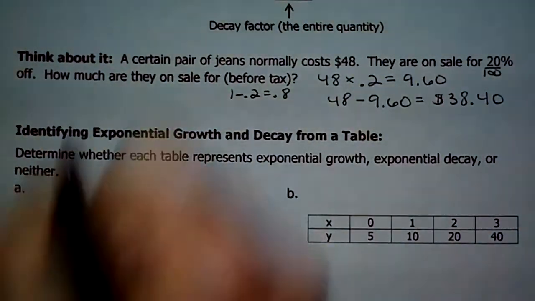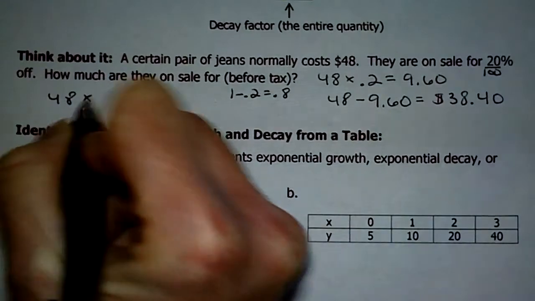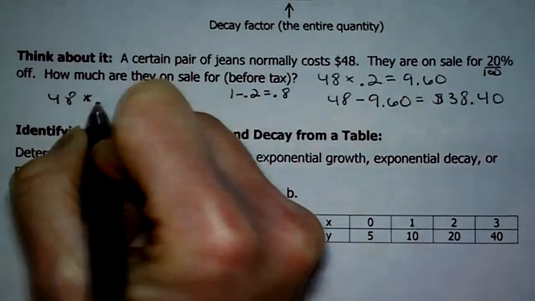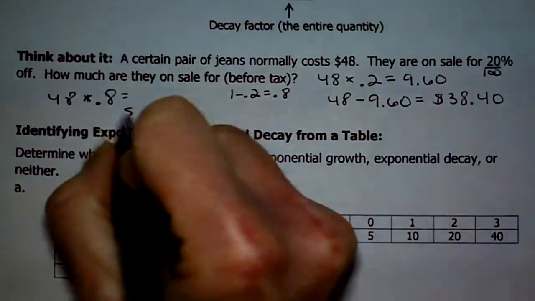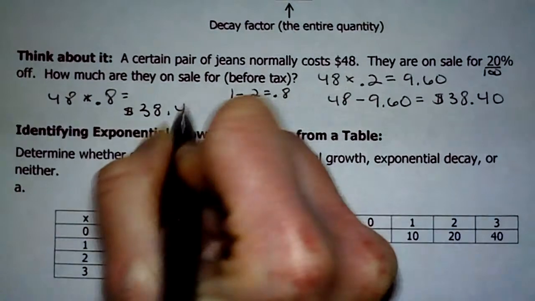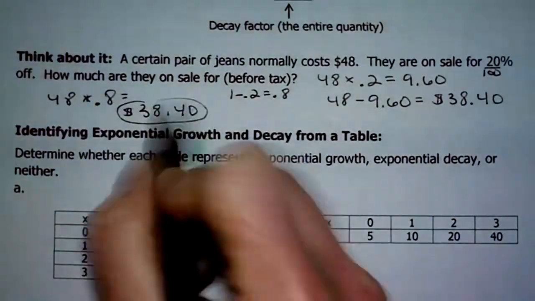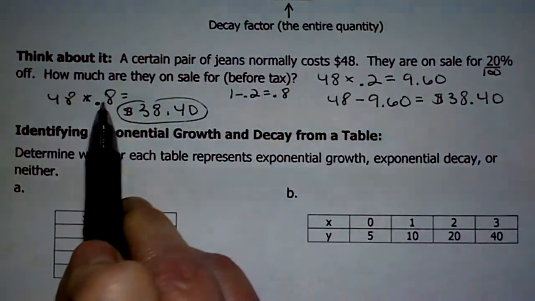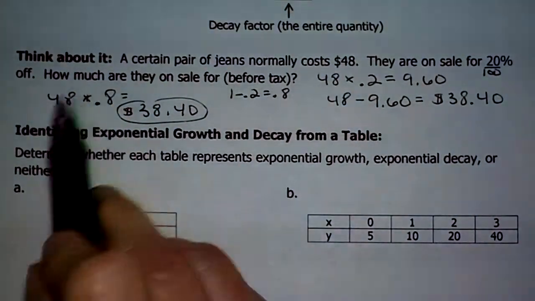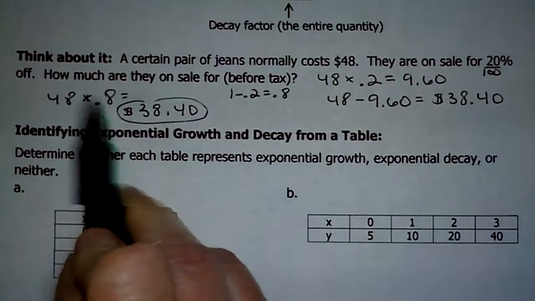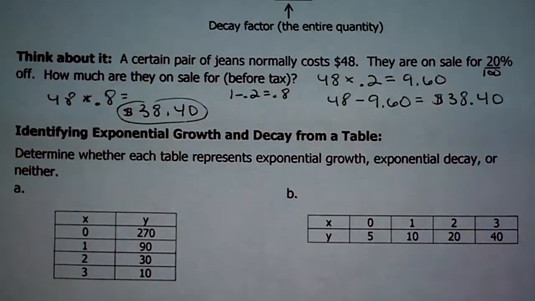So now take 48 and multiply it, instead of 2/10, by 8/10 and see what you get. Yes, when you do that, you get $38.40. And the reason this works is because you're paying for 80% of the item. If it's 20% off, you're still paying for 80% of it, right? So 48 times 80% of the 48, that's how you get $38.40.